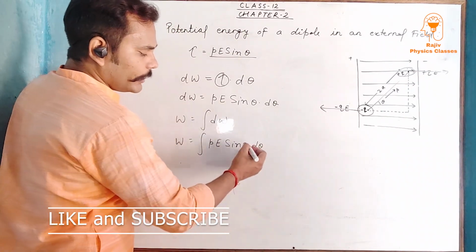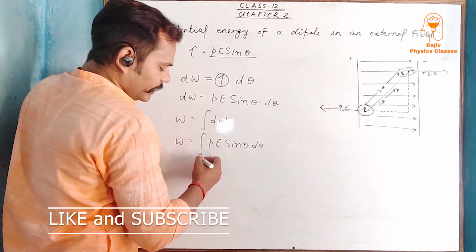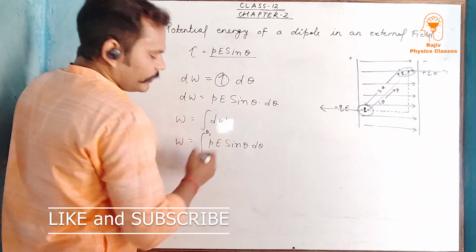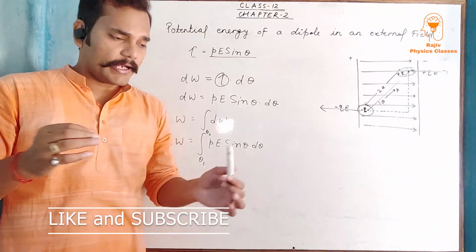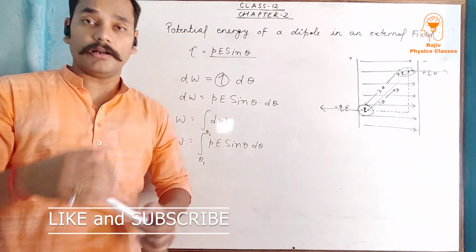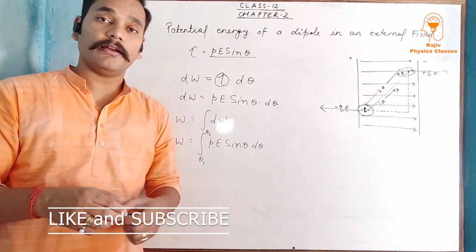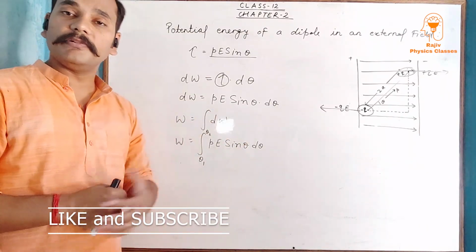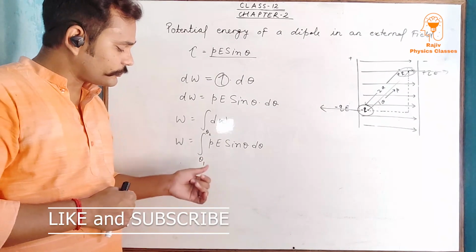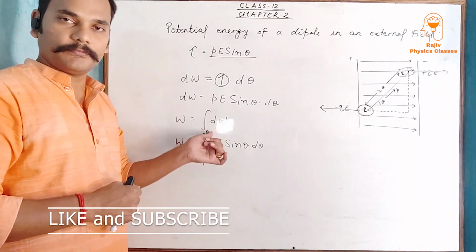Children, here we are integrating with respect to theta, so the limits should also be in terms of theta only. Initially, if the angle of the dipole is theta 1, and after applying the work, the dipole rotates and gets a new angle theta 2, what should the limits be? The limits of the integration should be theta 1 to theta 2.